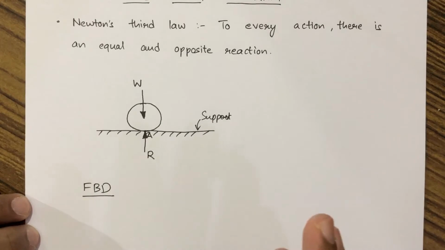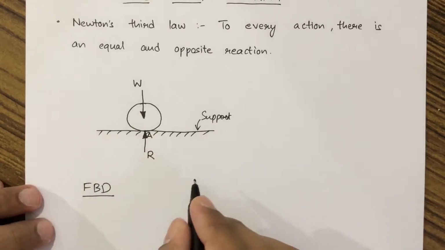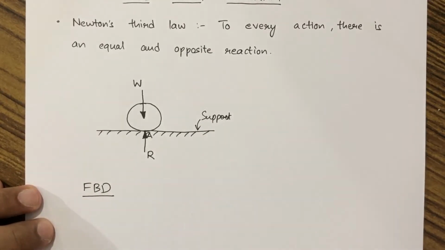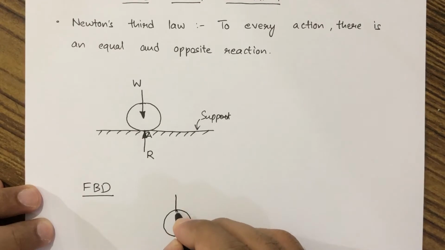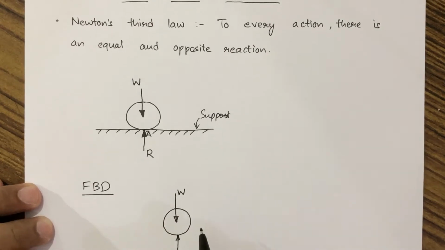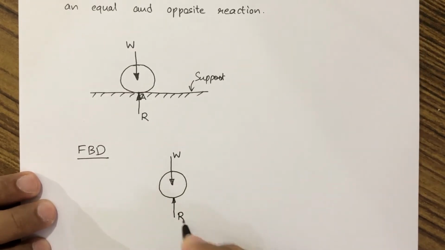The support is removed and only the forces acting on the ball are shown. So the FBD of this ball will be given as, this is the ball, and the FBD will be the weight acting vertically downwards and the normal reaction acting vertically upwards.